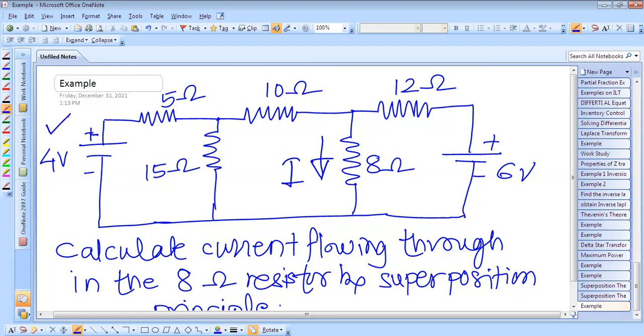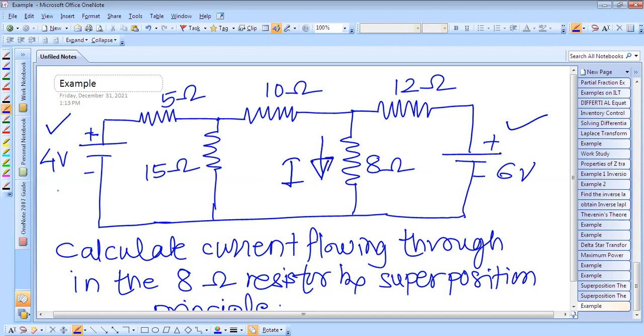First, we'll consider this 4 volt as the active voltage source and short the other voltage source, and we'll find the current flowing through this 8 ohm resistor. The second time, we'll short this voltage source and make this other voltage source active, and we'll find the current flowing through the 8 ohm resistance because of it. Then we will add the effect of the first case and the second case, and that will be the current flowing through the 8 ohm resistance.